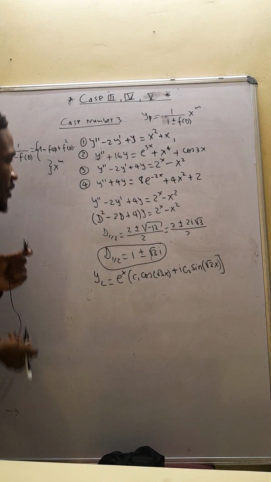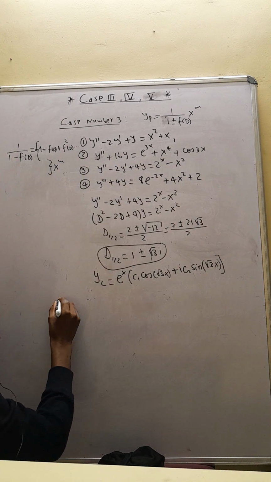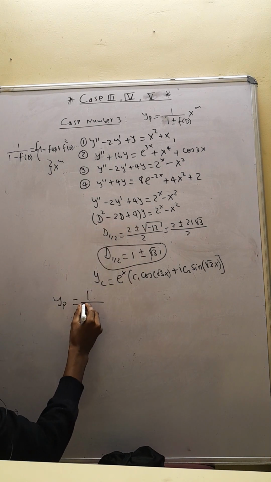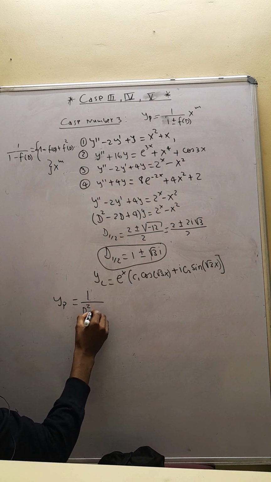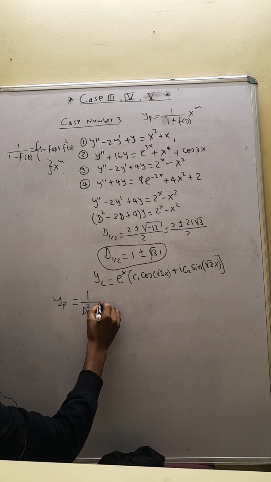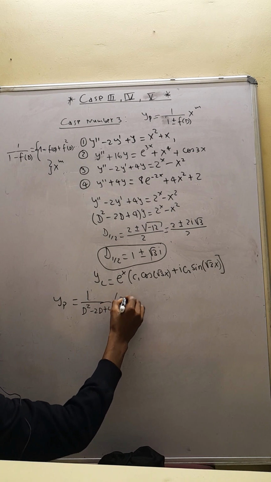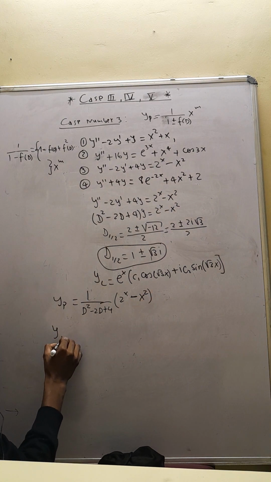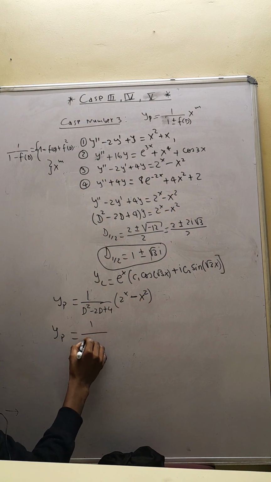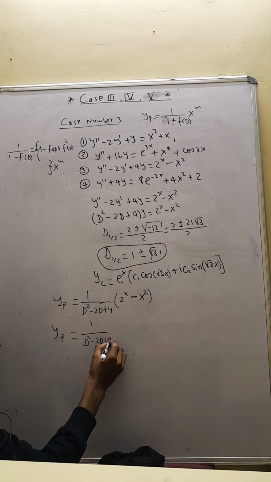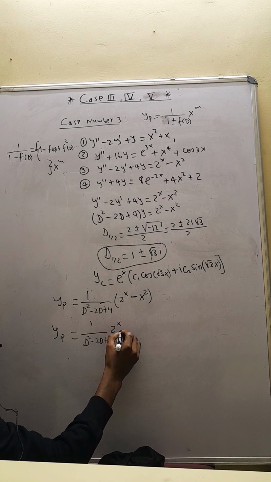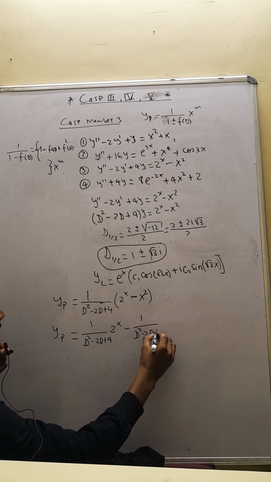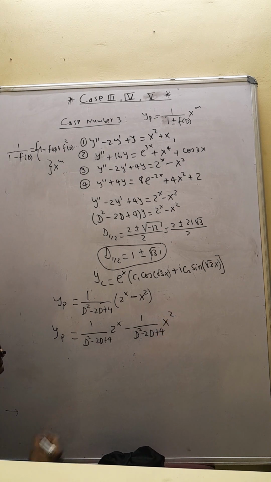Find yp. So to find yp, here we have, so yp is 1 upon, just write the function, all of them, d squared minus 2d plus 4. And here it is 2 raised to x minus x squared. So yp will be 1 over d squared minus 2d plus 4, times 2 raised to x, minus 1 over d squared minus 2d plus 4, and here x squared.